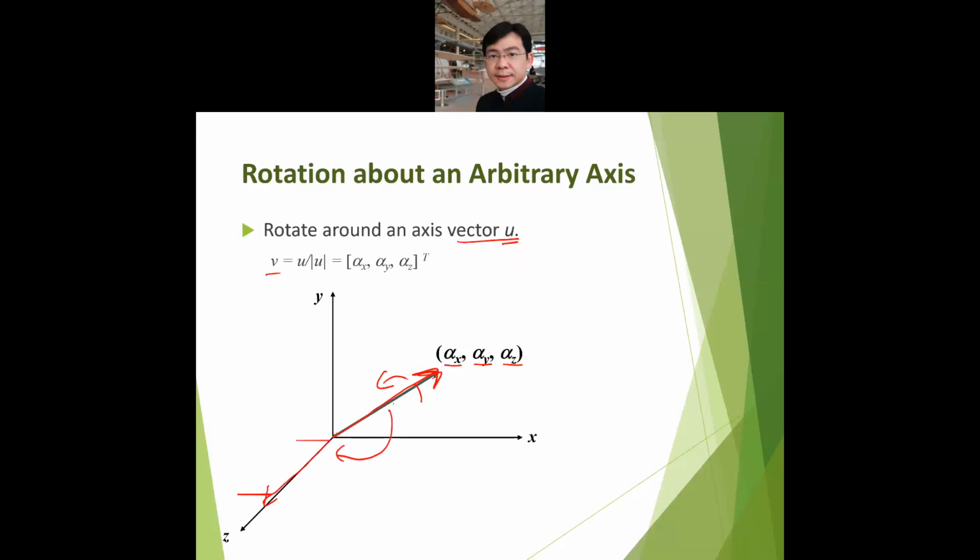In this example, we will turn it into an RZ rotation. So we have to do some combinational transformation to move this axis gradually to here, and then we can gradually move back. Based on this idea, because we already learned RZ, we can use a cascading combination of transformations, and we don't have to derive or deduce a new equation or a new matrix. Okay.